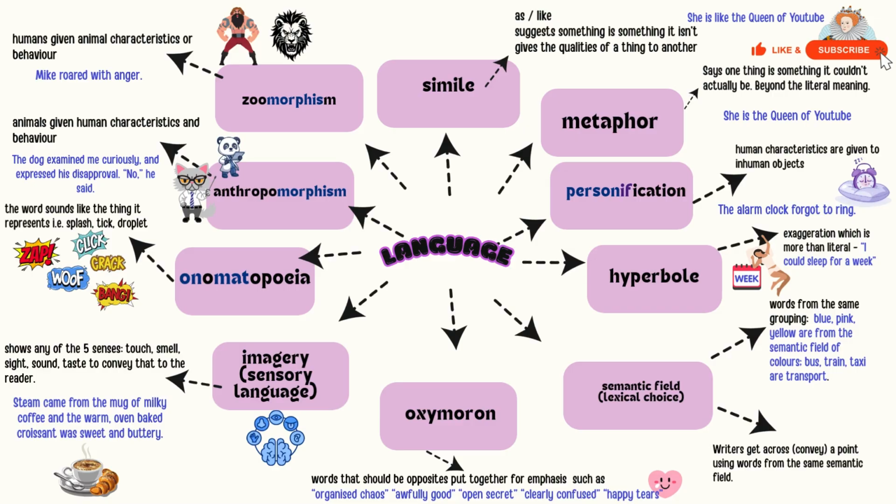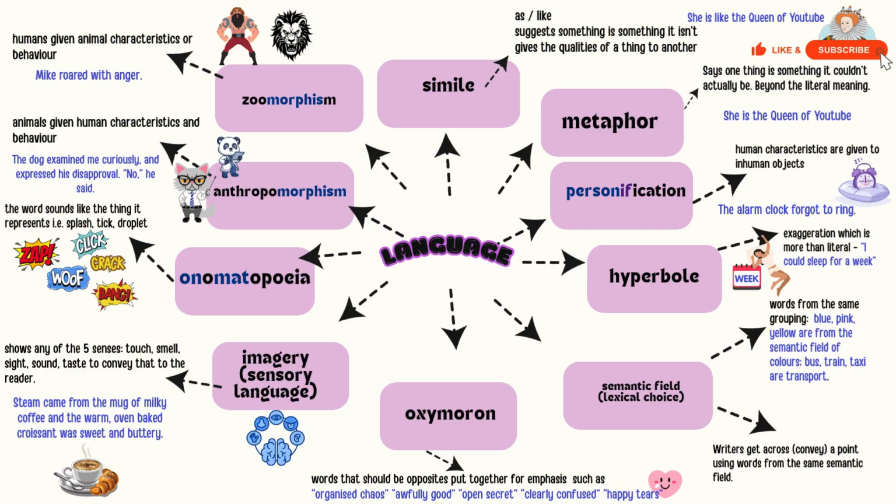But we also have anthropomorphism and zoomorphism. Anthropomorphism is when animals are actually given human characteristics and behaviour. So, for example, the dog examined me curiously and expressed his disapproval. No, he said. So I'm making that dog have the characteristics and the abilities of a human, then that is anthropomorphism.